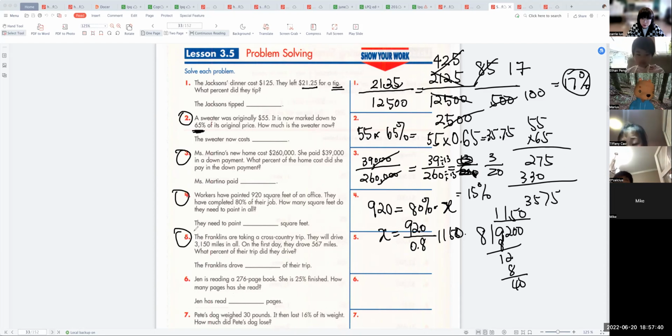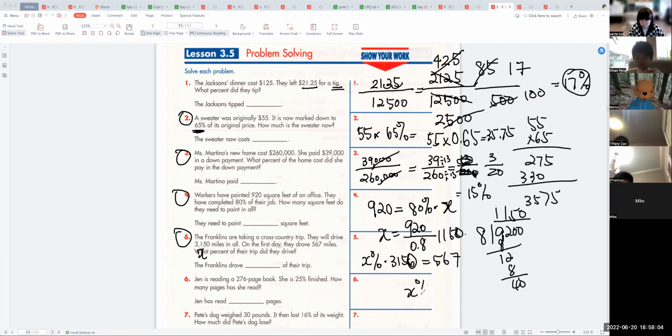The Franklins are taking a cross-country trip. They will drive 3,150 miles in all. On the first day, they drove 567 miles. What percentage of their trip did they drive? So we can just say X percent. So X percent times the total equals 567.